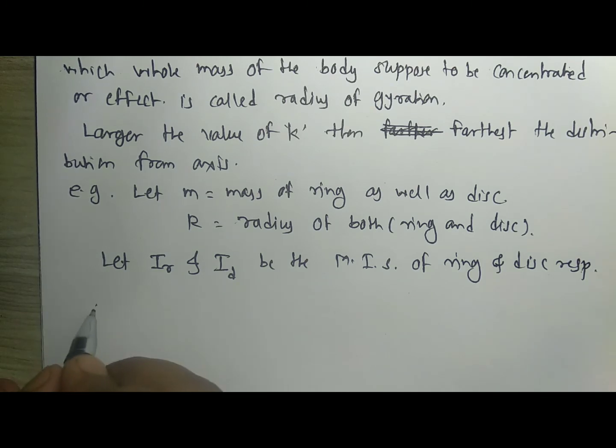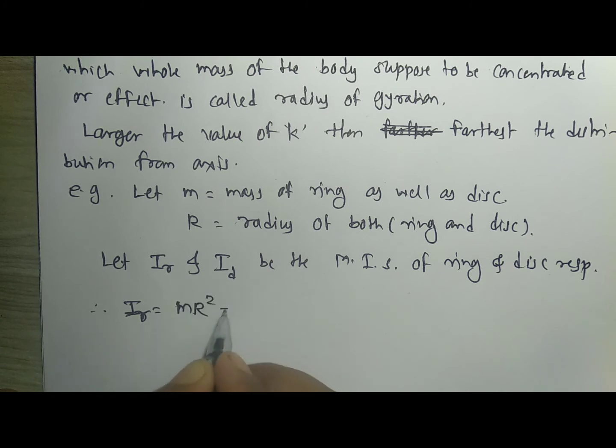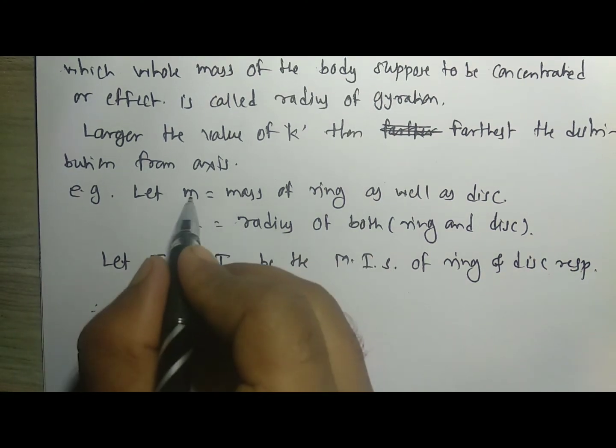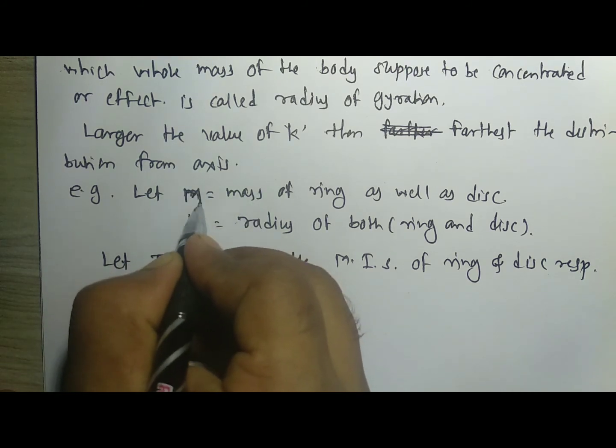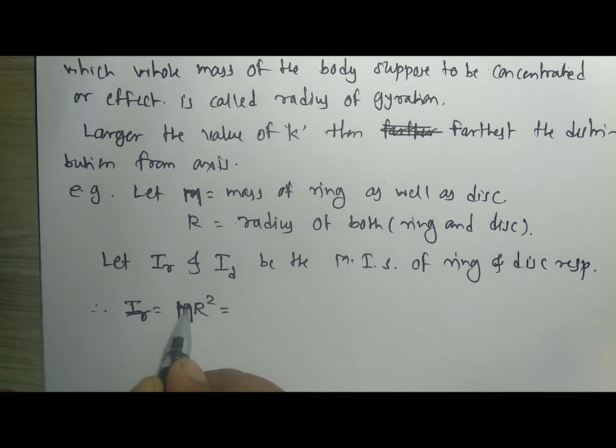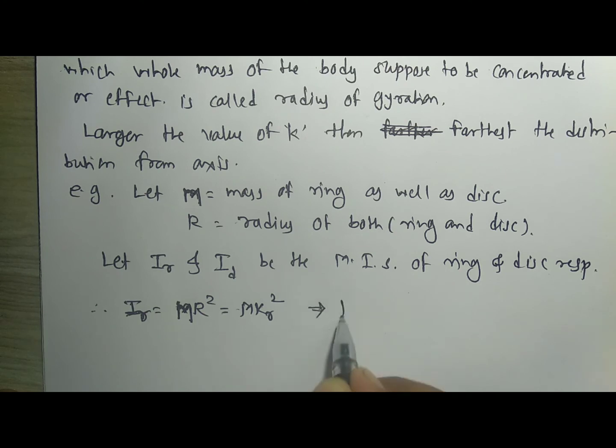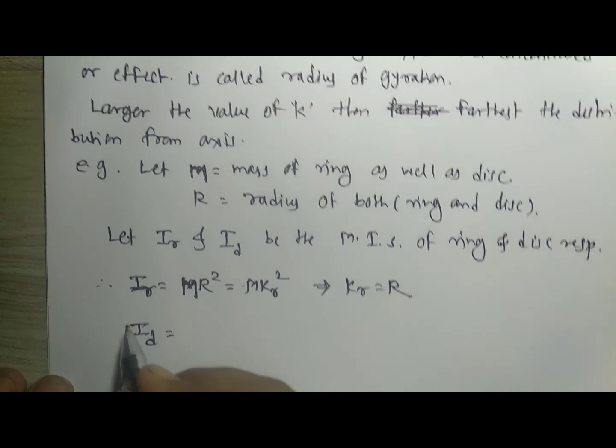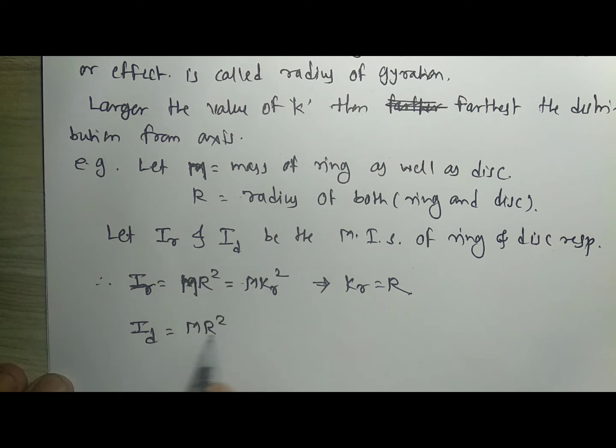Therefore, we know that the moment of inertia of the ring is I_R equal to m r square. Here we take the mass as a small m, but to consider it as a mass capital M, capital M R square is equal to M k_R square, and it implies that k_R is equal to capital R. Now for the disk, the moment of inertia I_D is M R square divided by 2.